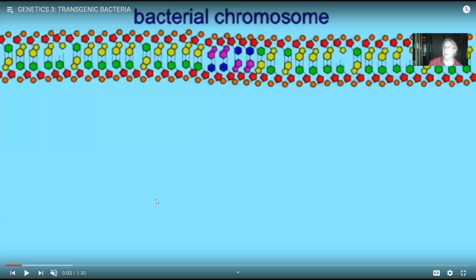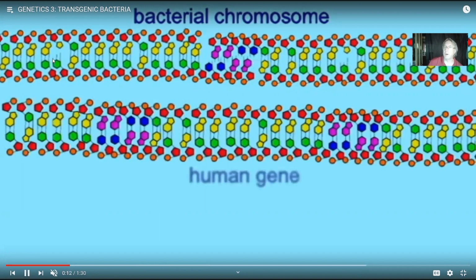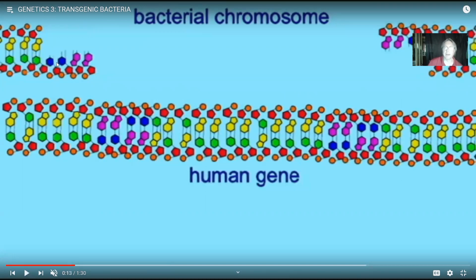Another big application is that if DNA is the code for biological information, one can actually move biological information from one organism to another. So for example, let's say we cut this bacterial chromosome with one of those restriction enzymes. We cut it and we make specific sticky ends, they're called. So this strand is looking to bind to a pink adenine, a pink adenine, a blue thymine, a blue thymine.